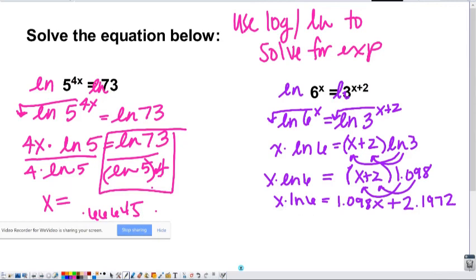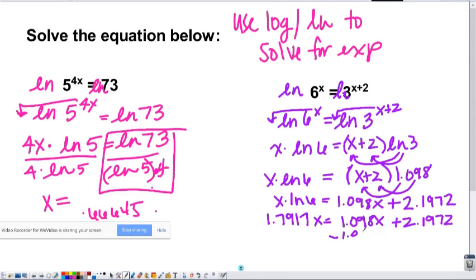So that's what I'm going to do next. Natural log of 6. So now I have 1.7917x equals 1.098x plus 2.1972. So now I've got a two-sided algebra equation, but it looks super weird because of these weird decimals.